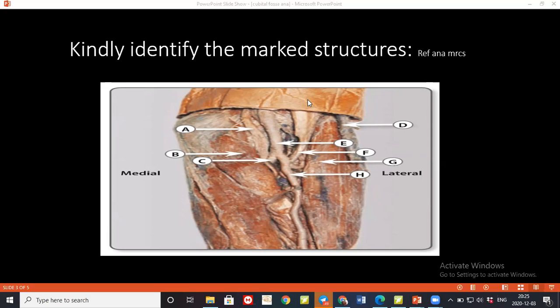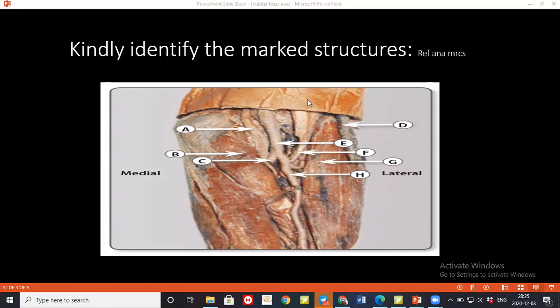Is the ulnar nerve medial or lateral to the ulnar artery at rest? The ulnar nerve is ulnar to the ulnar artery, so it's medial. Okay.